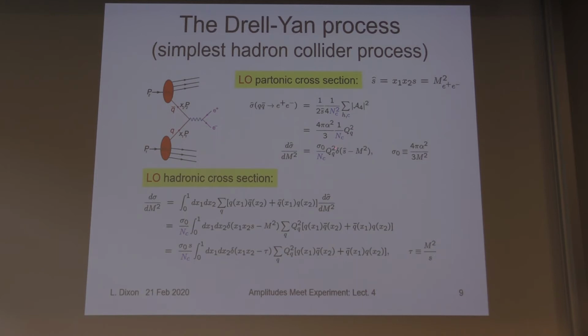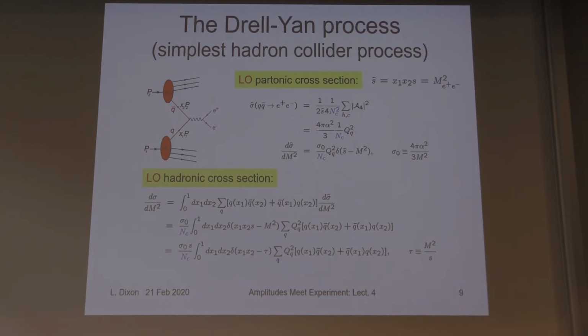It has this famous 4 pi alpha squared over 3. It has a term proportional to the electric charge of the quark squared, and it has a 1 over N color that comes into the color averaging in this case. In final state color, you typically get factors of NC, but for initial state color, you end up getting a 1 over NC.